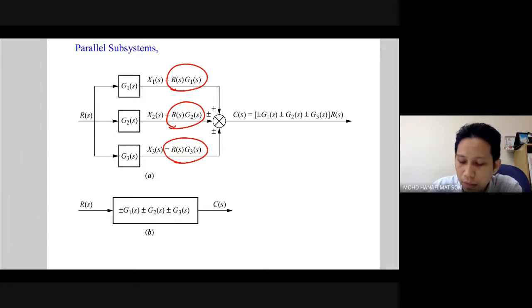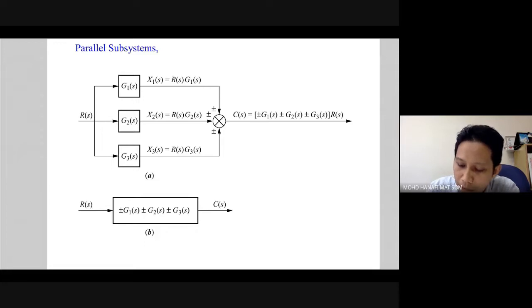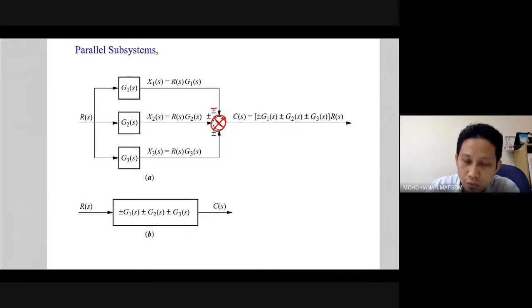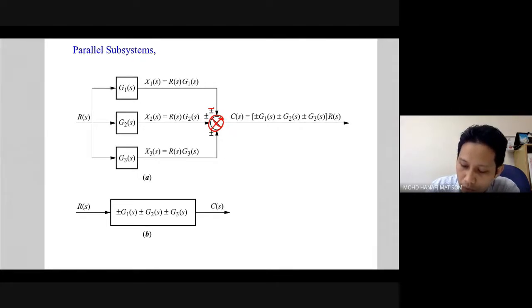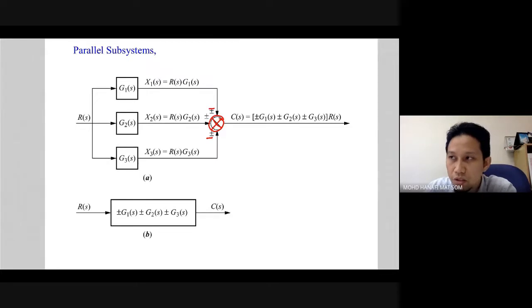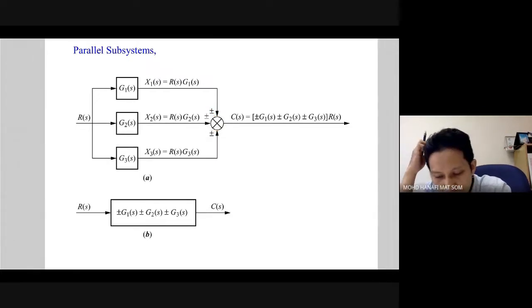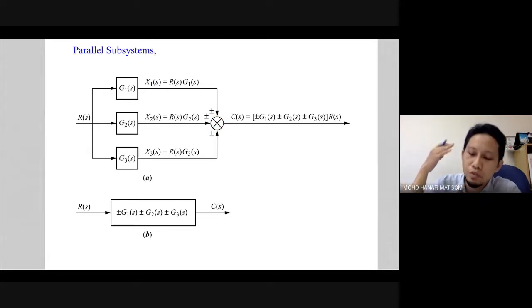At the end of the branch we have a summing junction here. The signals can be positive or negative, depending on the actual signals. The summing junction means that you sum all the branches together.